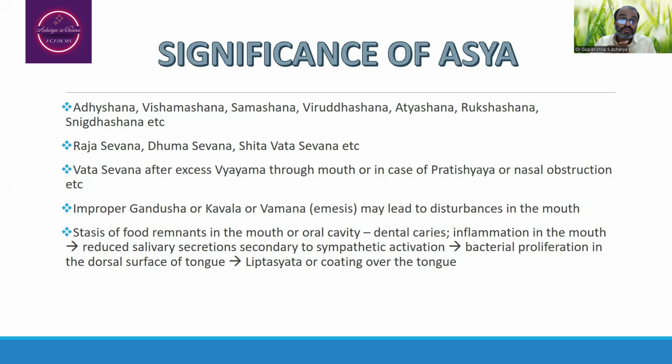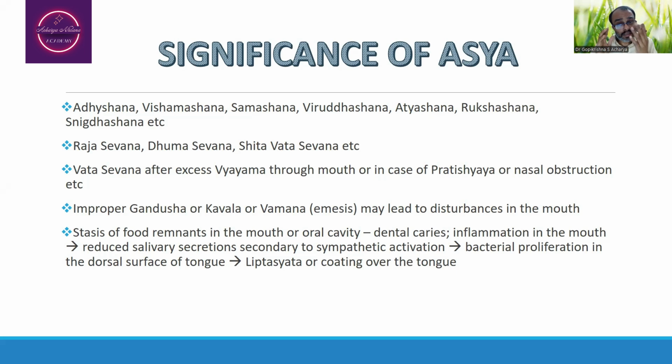That is because of the reduced salivary secretions, which contain lysozymes that are helpful in combating the bacteria present in the mouth. When these are deficient, naturally that will lead to bacterial proliferation, which will lead to coating over the dorsal surface of the tongue.